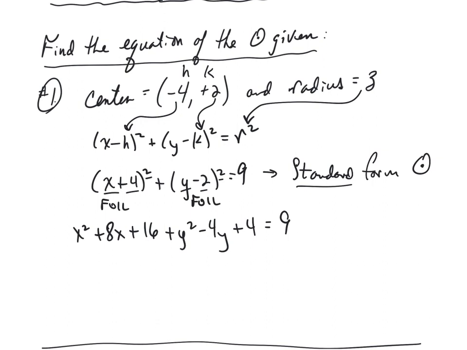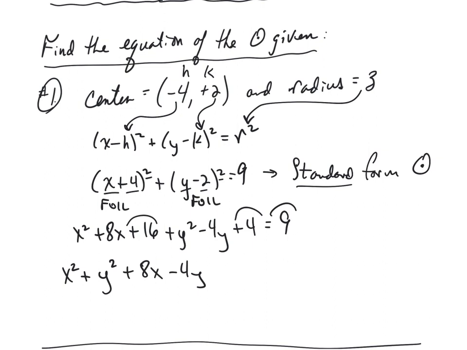So we FOIL out the two binomials, and then we put it into our form, ax² + bxy + cy² + dx + ey + f = 0. And what that requires of us is to put the x² term first. There is no xy term, so we get to skip that one. Then the y², then the x to the first, the y to the first, and finally the last algebra step, we need to take all three of the constants and put those together.